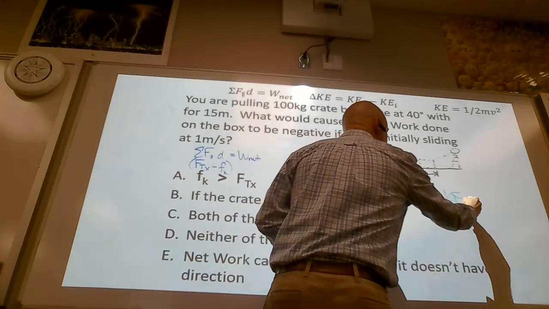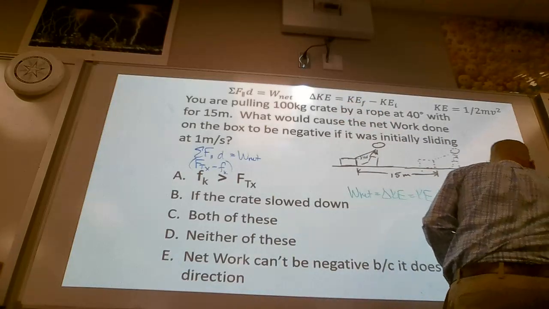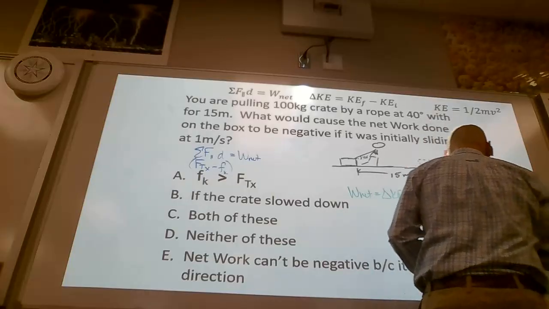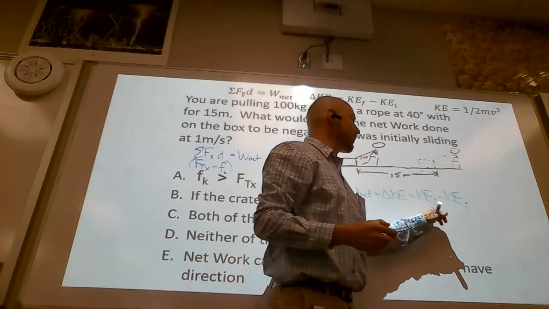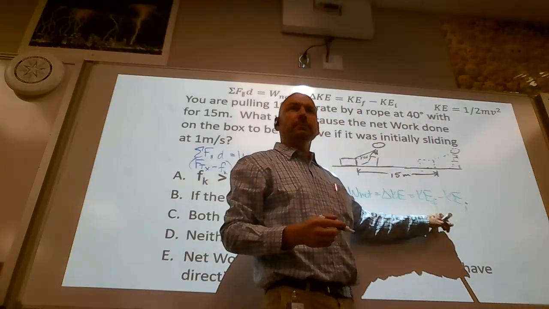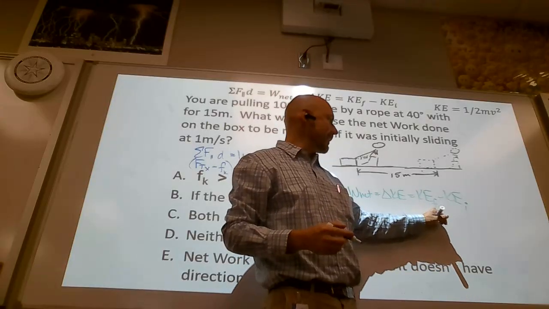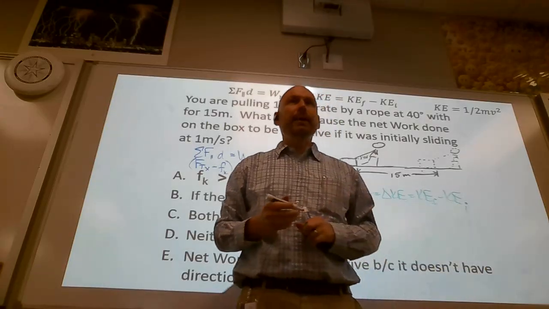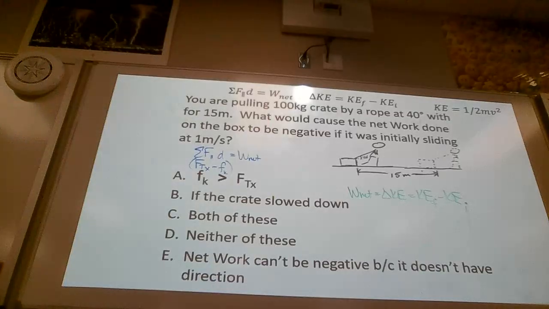Oops, sorry, that's an initial. If you're going slower than what you started, there's going to be less kinetic energy at the end than what you had at the beginning. Good with that? And the friction is larger than the tension.